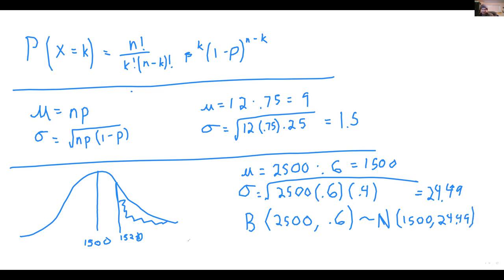So in order to do this, I'm doing a z-score. 1,520 is my x value. And I get z equal to 0.8166.